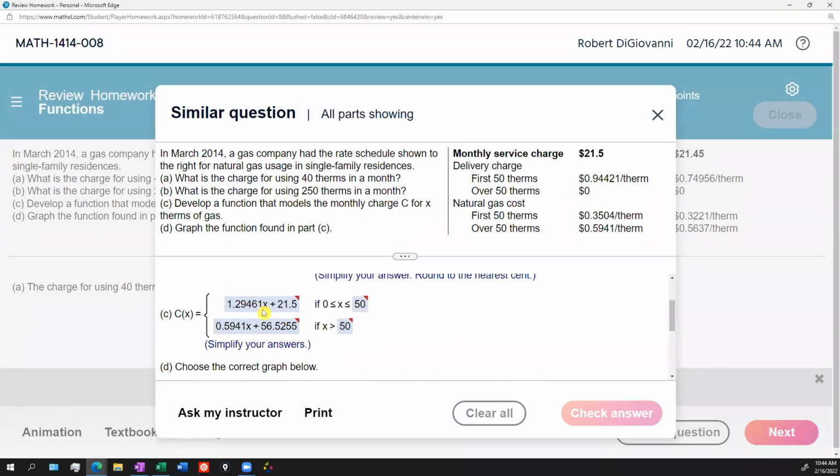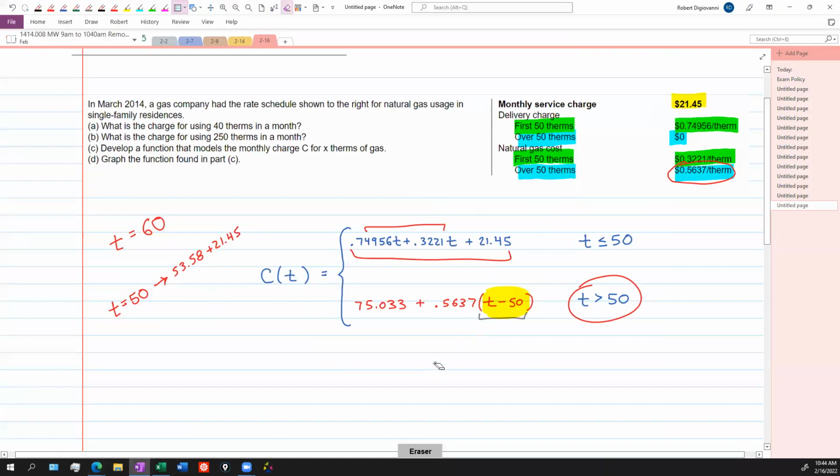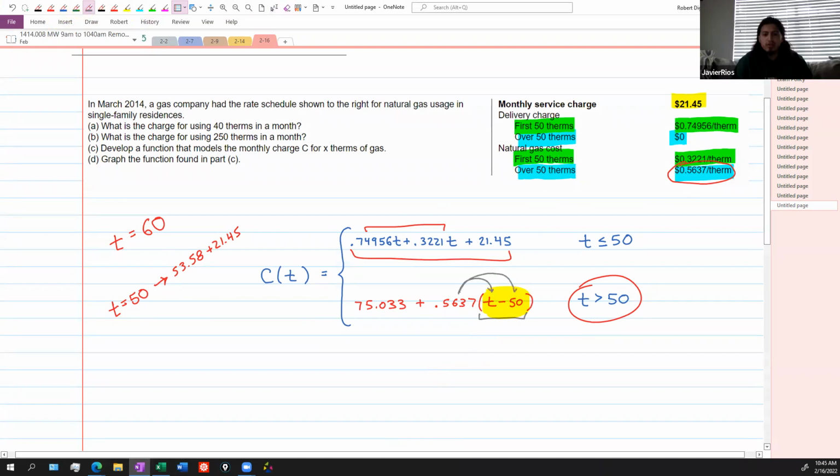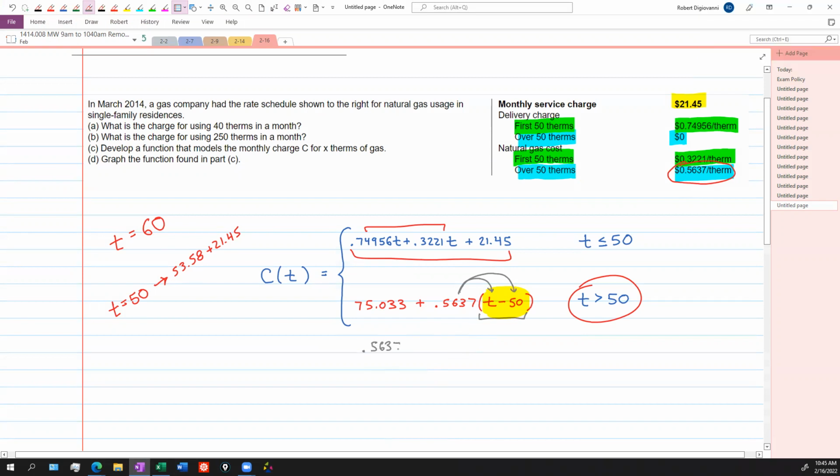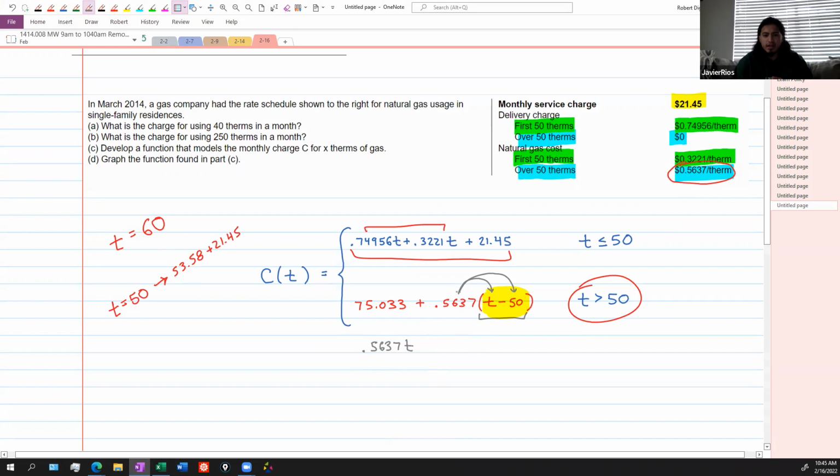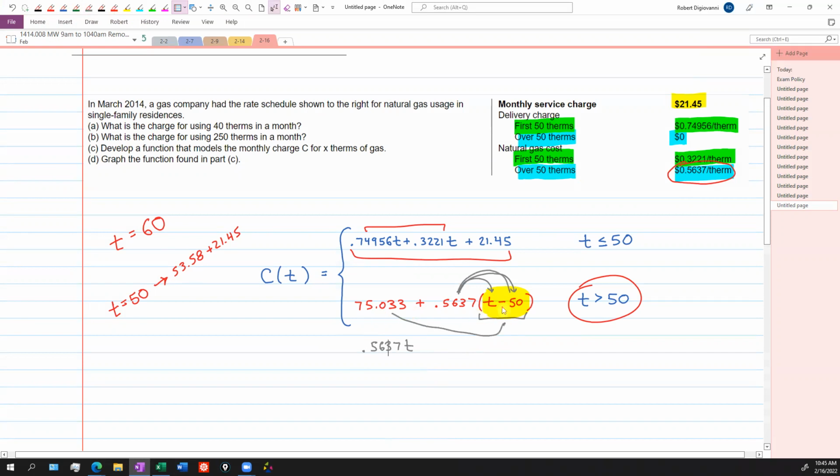Yeah, so they combine them together. Now, these are different numbers, right? Yes, sir. So what we would maybe still need to do here, I don't know if you did this, is distribute this through. Oh, okay. If you do that, you'll get 0.5637 T, and then when you do that times -50, you'll be able to combine it together with that. I see where I went wrong now.